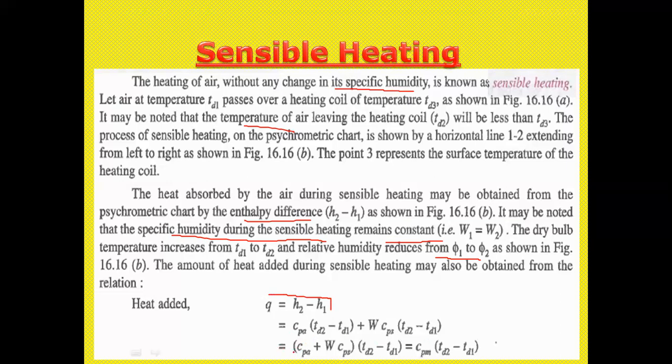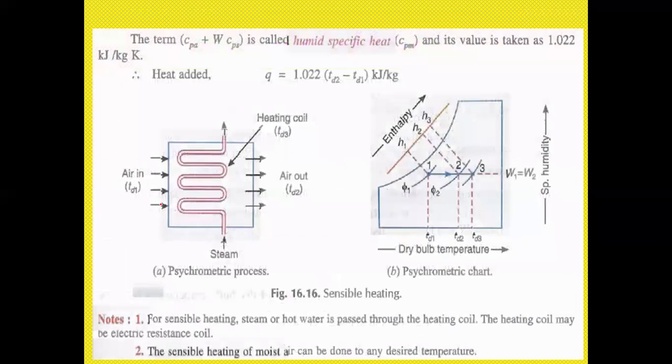So Q is equal to (CPA plus W CPS) times (TD2 minus TD1), that is equal to CPM times (TD2 minus TD1). These are the substitution values, so don't worry, it will not come in the exam.